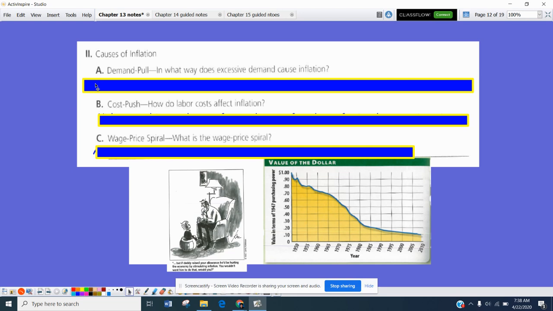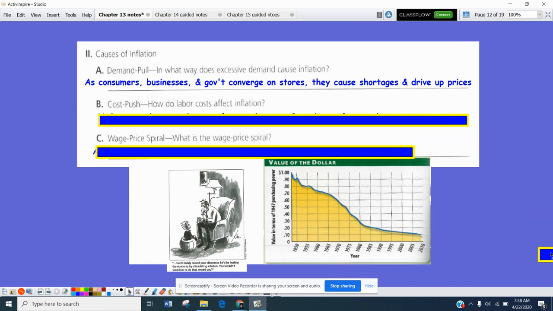Causes of inflation: there's what we call demand pull. In what ways does excessive demand cause inflation? This idea that consumers are wanting certain prices or certain products. As consumers, government, and businesses converge on stores, they might actually cause a shortage, and hence they drive prices upward.